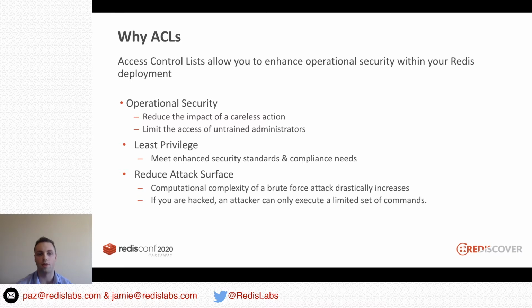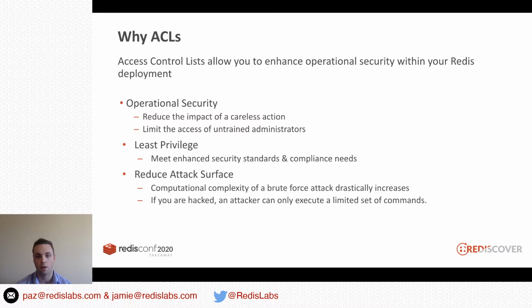You can also implement least privilege. Least privilege is the concept that forces you to use only the permissions that are needed to do your job function. Least privilege is required by many compliance and security standards, and access control lists help you meet them. You also reduce the attack surface by using ACLs.